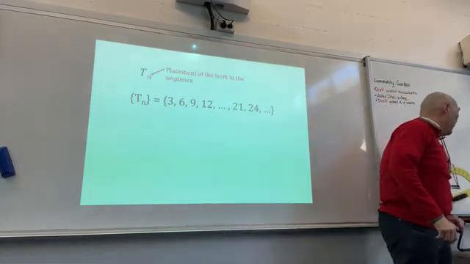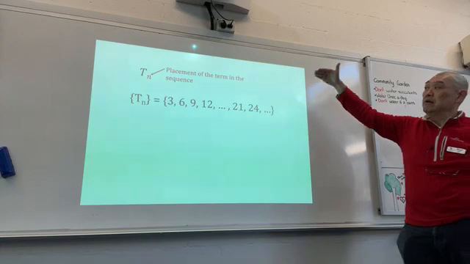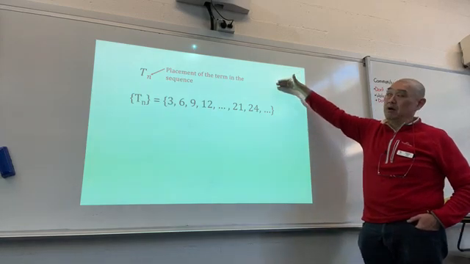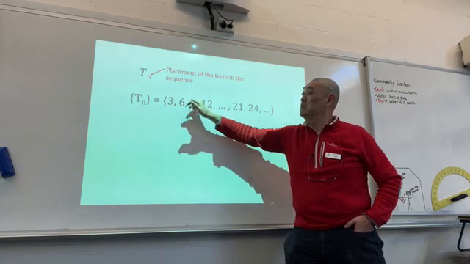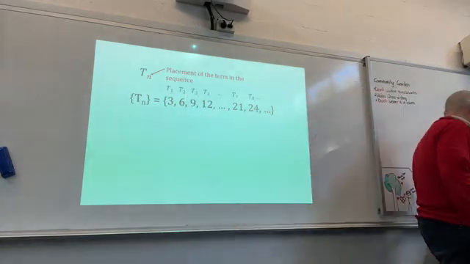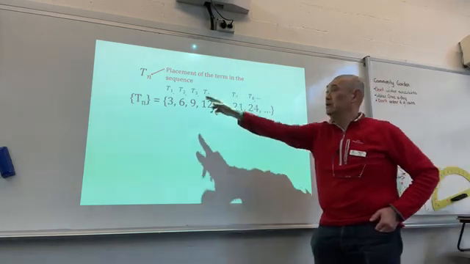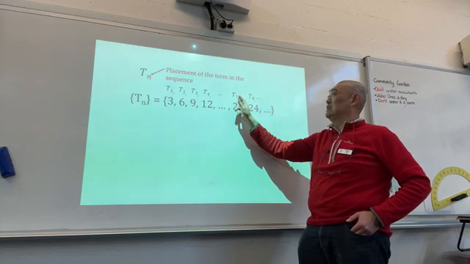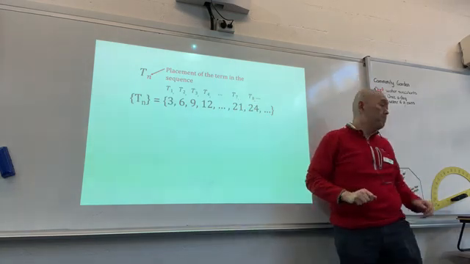N is the placement of the term in the sequence. Term 1, term 2, term 3, term 4. So that's the placement of the term, and this would be T1, T2, T3, T4. This is T7 and T8. All right?